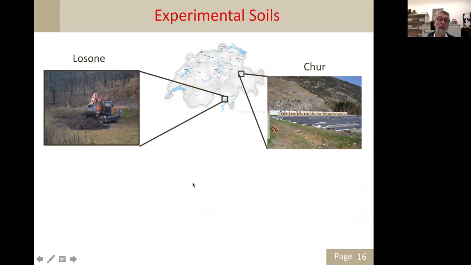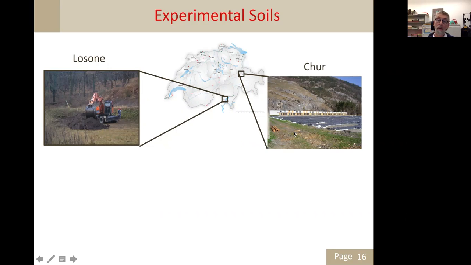One of these sites is in southern Switzerland. Just to give you the geography, you see here Zurich, here would be the Alps, and this is south of the Alps. It's bordering Italy, and there is a military site with a shooting range at the edge of a wetland. We'll see in a minute the properties of the soil.